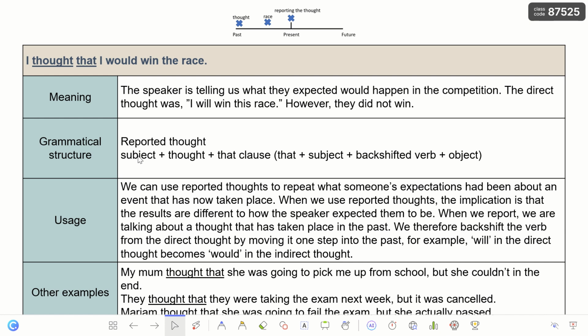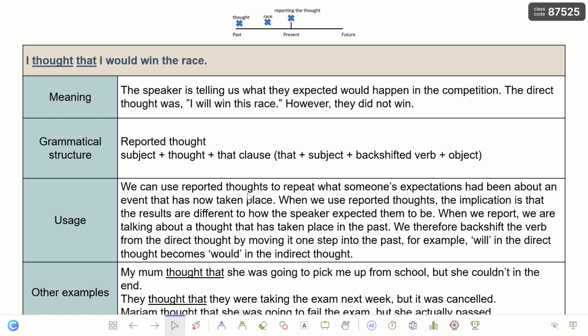So the grammatical rule for reported thoughts: we put subject, thought, said, reported, believed, asked, whatever, then we put that clause. What comes in that clause? We add that, then the subject, then we change the verb from present, from future, or from past to one tense back. Here, the tense was will, which is future, will win, so I just change will to would. Okay. When do we use reported speech?